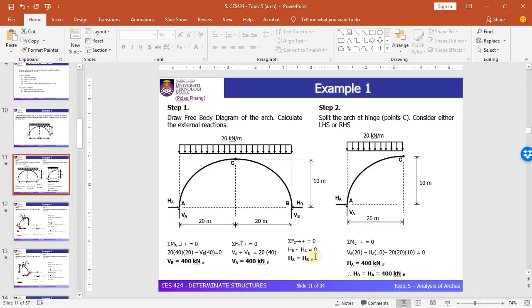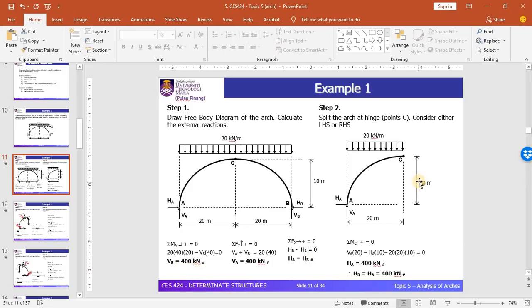Based on these equations, you can then solve for HB, so you have the same value of horizontal reaction at HB. The VA and VB are 400 Newton. Since this arch is symmetrical, it results in similar values of reaction at the supports.